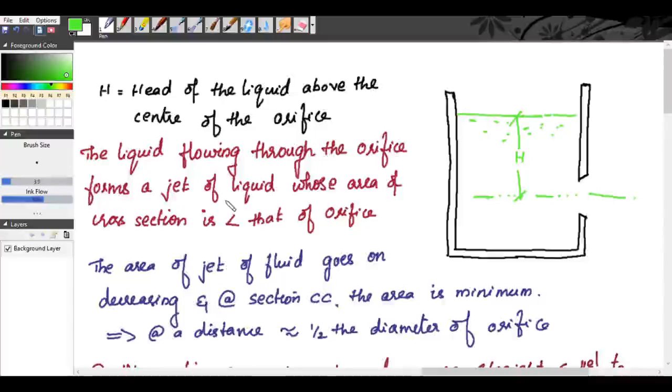Now, the liquid flowing through the orifice forms a jet whose area of cross section is less than that of the orifice. When you open this orifice, the water from the tank flows out. When this water is flowing out, it forms a jet of liquid, and the area of that jet will be less than the area of the orifice.